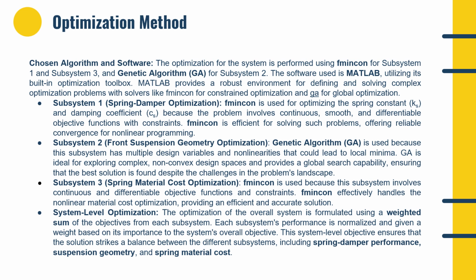For subsystem 3, like subsystem 1, fmincon is used here for optimizing continuous differentiable functions, particularly for spring material cost. Then at system level, we combine the results from all subsystems using a weighted sum, balancing performance, cost, and other factors.